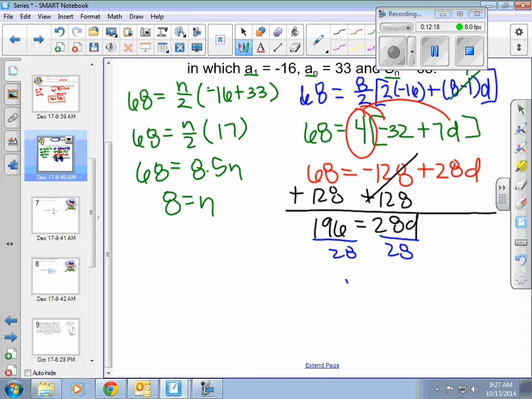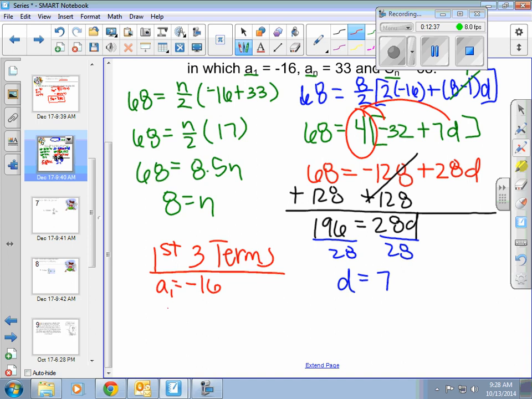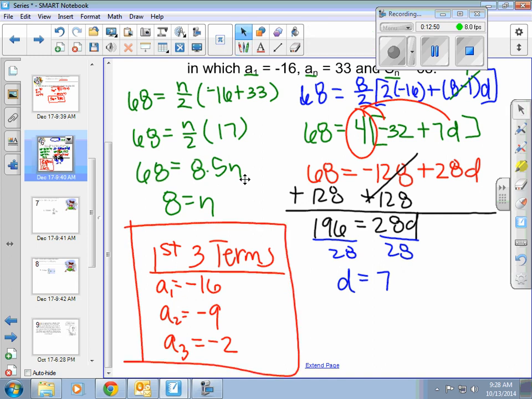And 196 divided by 28 will tell me that my common difference is 7. So to answer the problem, it wants the first three terms. We know that the first term, a sub 1, is negative 16. Then in order to get the second term, we add 7 to it. Negative 16 plus 7 is negative 9. And to get my third term, I would add 7 to negative 9. I would get negative 2. So there are my first three terms.